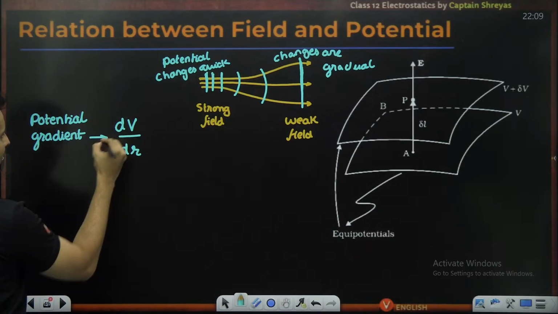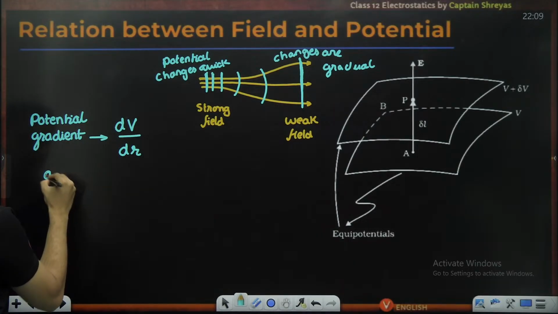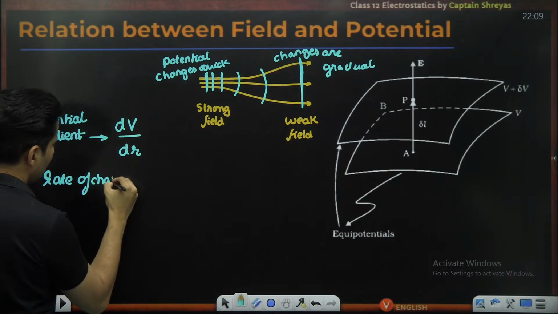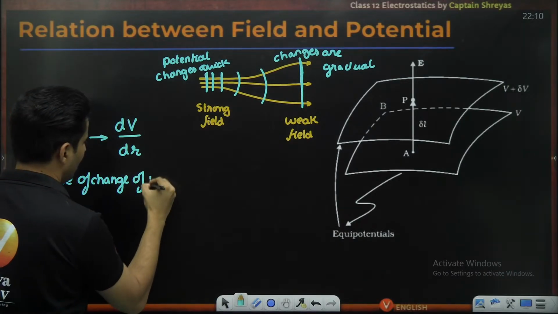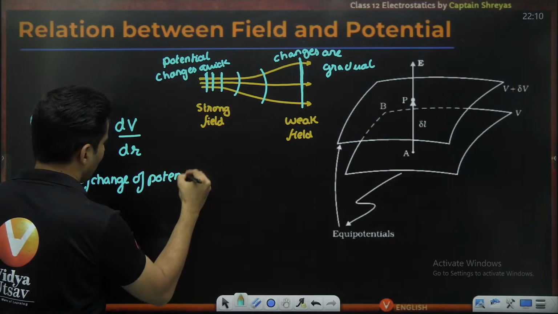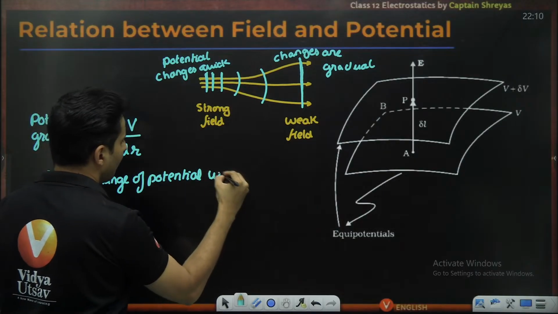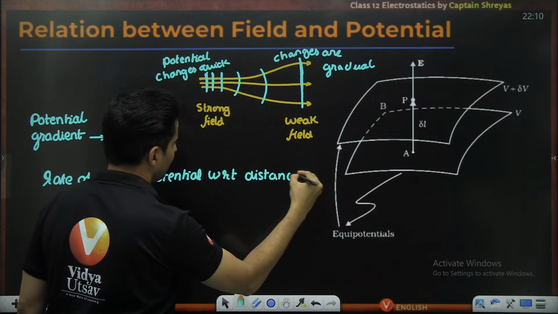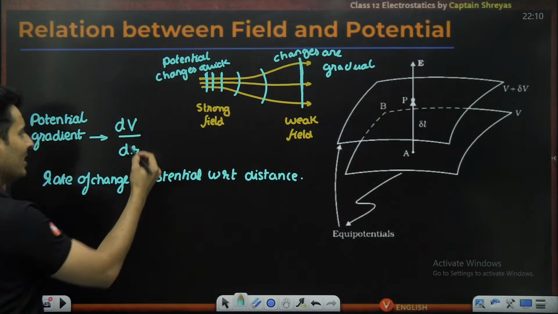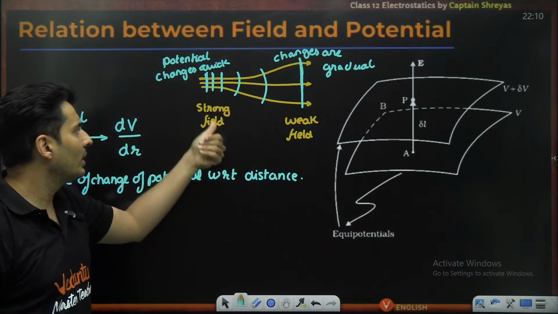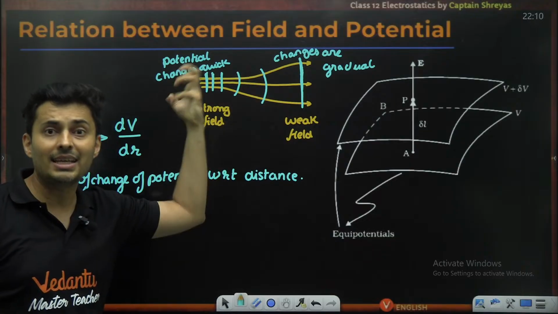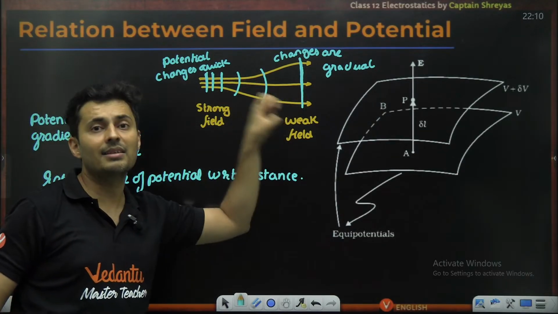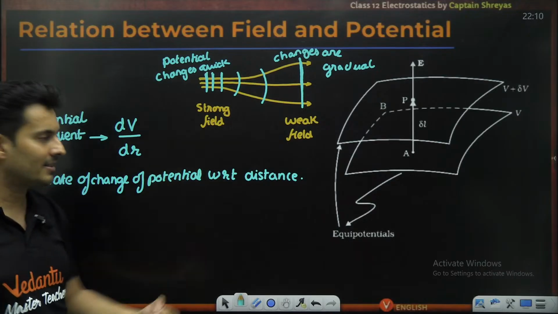It is how quickly the potential changes, the rate of change of potential with respect to the distance which you have traveled. Obviously, the potential will change quickly where the field is strong, meaning E is more. This term will be small where the field is weak, that means E is less.